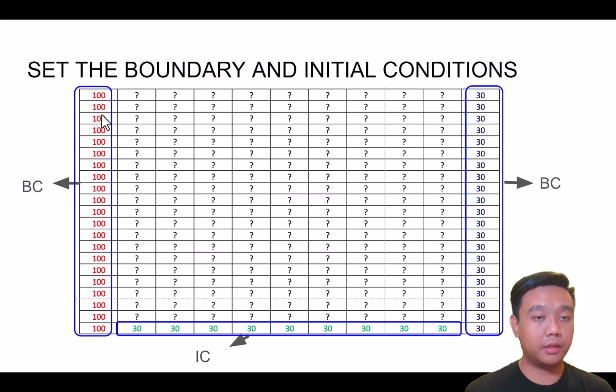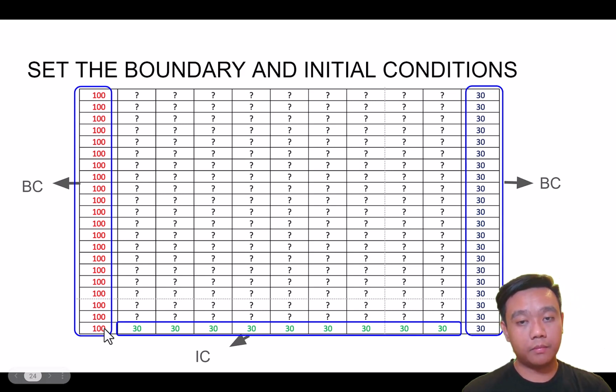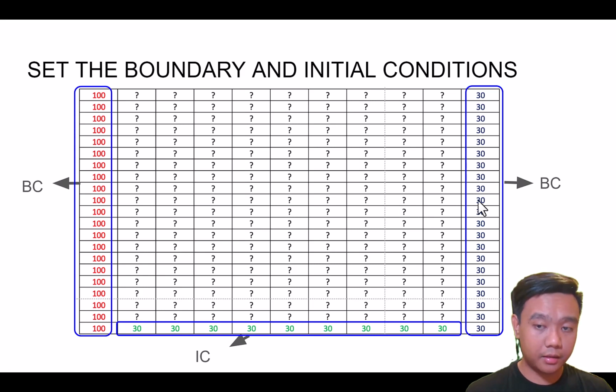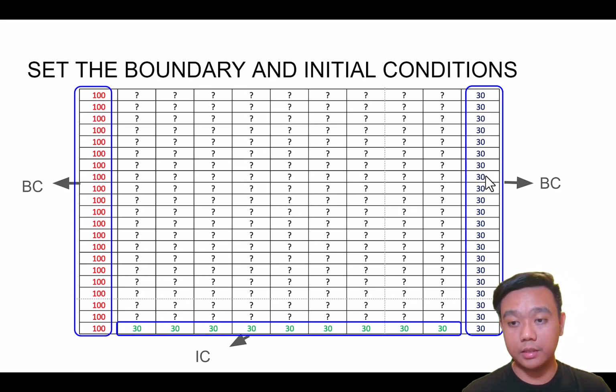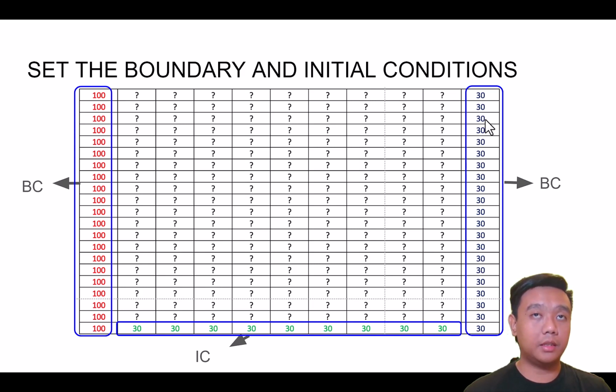For example, on the left side we will input 100 for i equal to 0, for every n. And on the rightmost part, we will just input 30 everywhere for i equal to 10, for every n value.